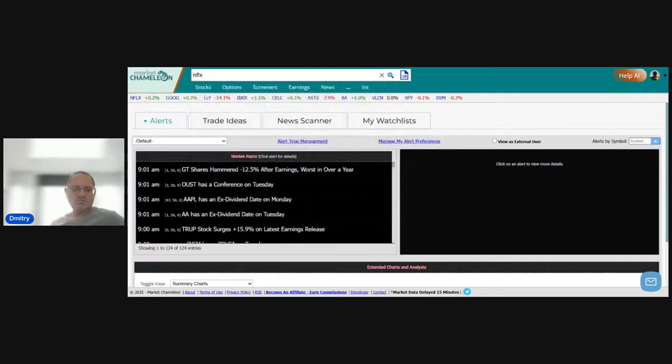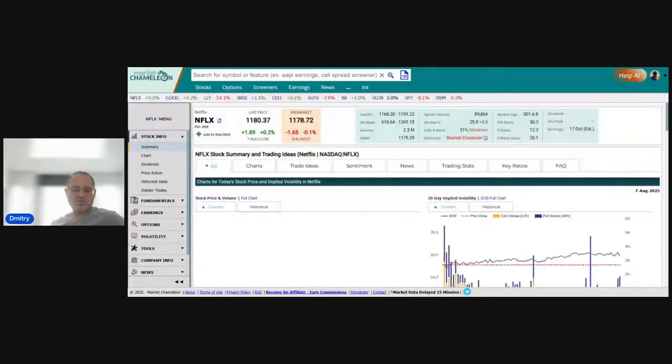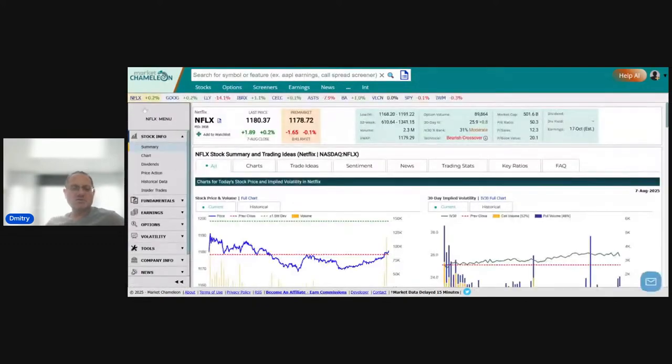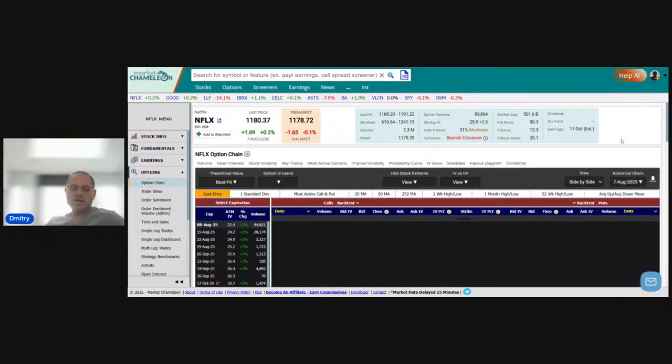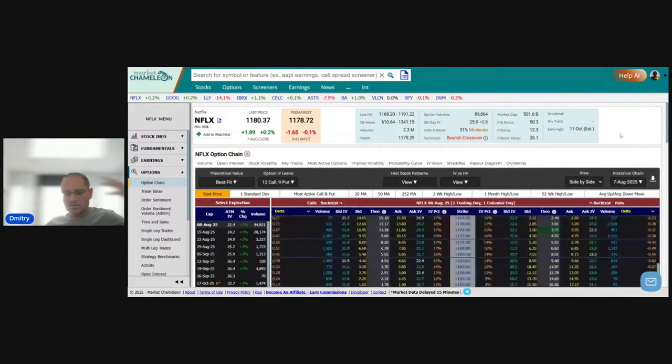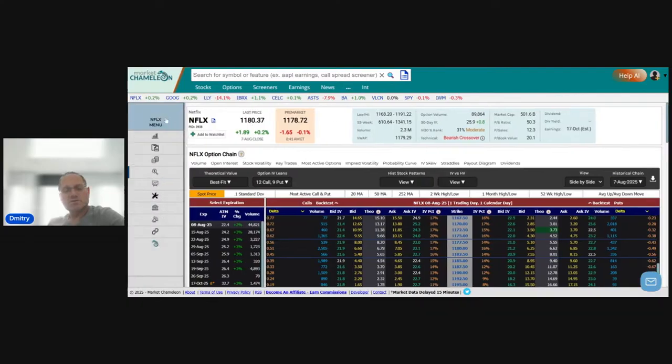We'll start out by going to an options chain first. As a trader, if I have a risk position on, let me click on this menu to expand it.